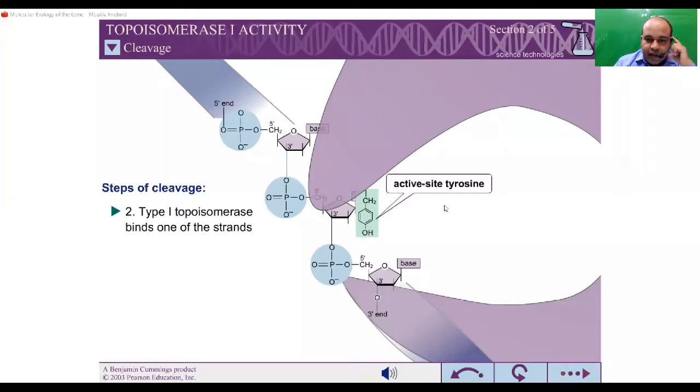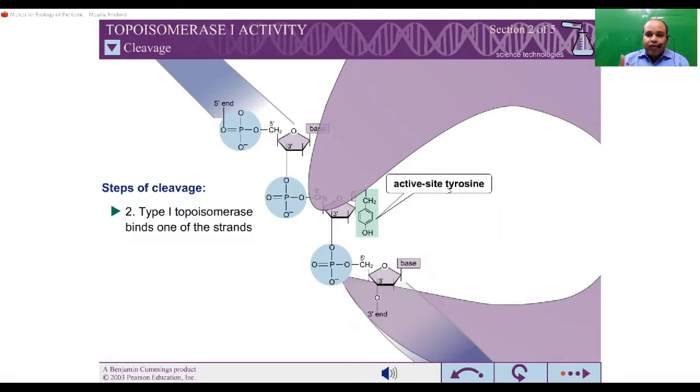So you look that the topoisomerases are called topoisomerases because they have an active site tyrosine molecule present within itself. Topoisomerase का नाम topoisomerase इसीलिए पड़ा है because they contain an active site tyrosine present within their structure. They have a tyrosine molecule, that is why they are called topoisomerases.